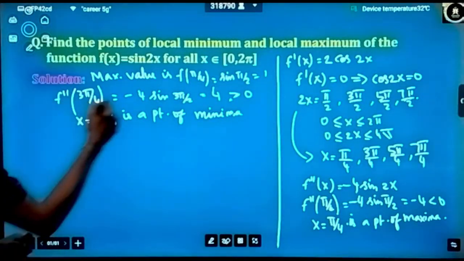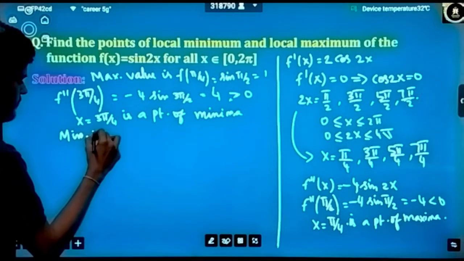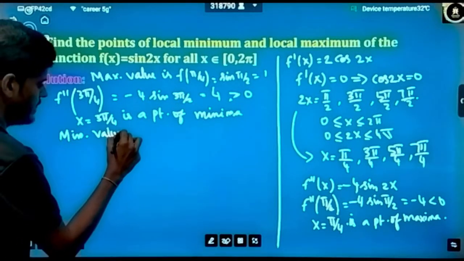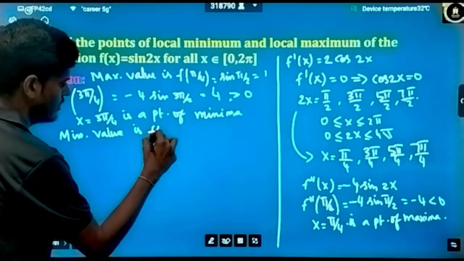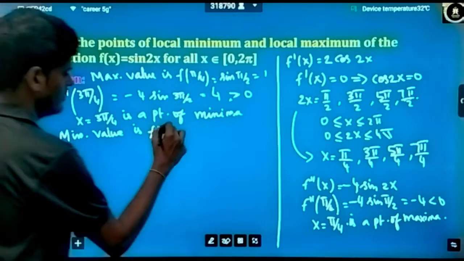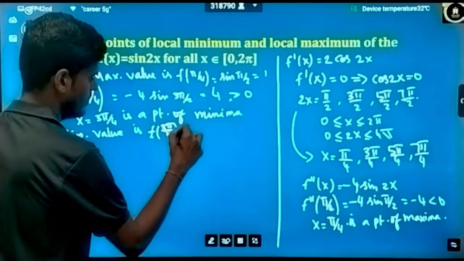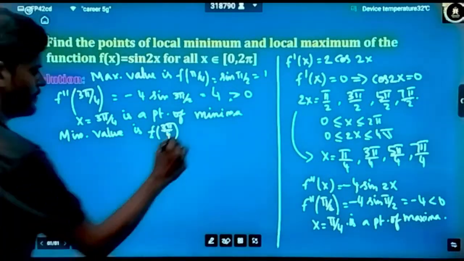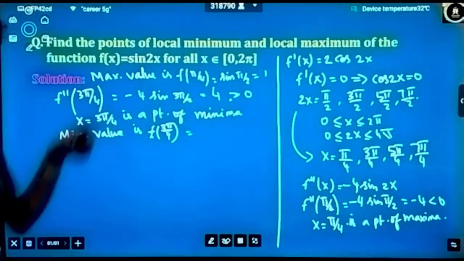Okay. Now what is the minimum value? The minimum value is given by f of 3 pi by 4. That is equal to, what is f of 3 pi by 4?